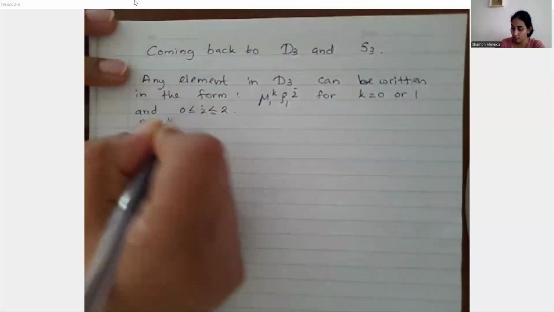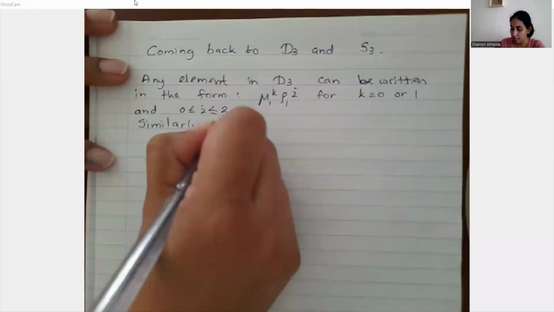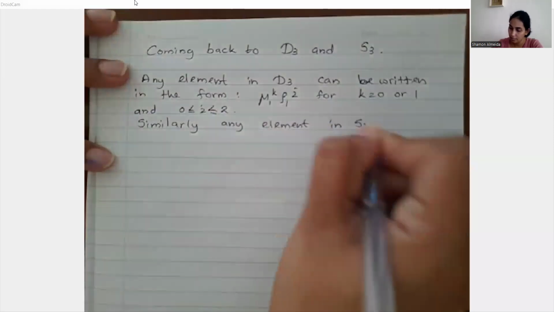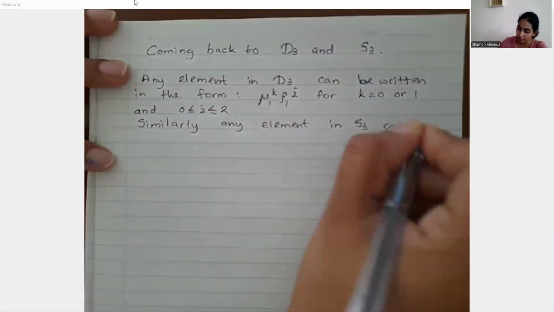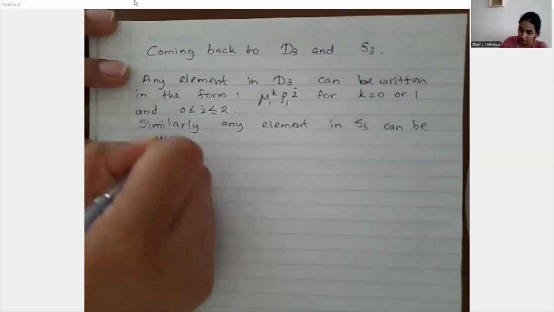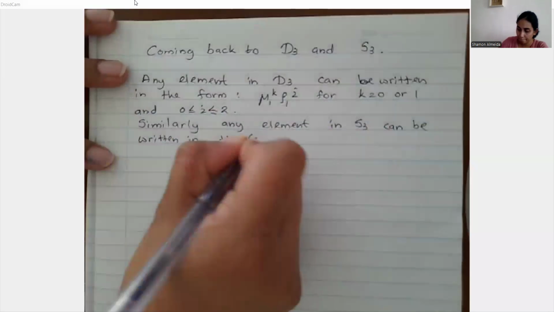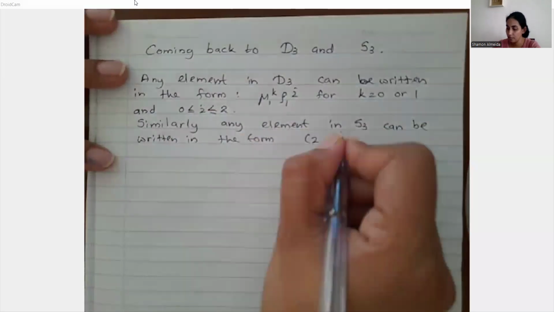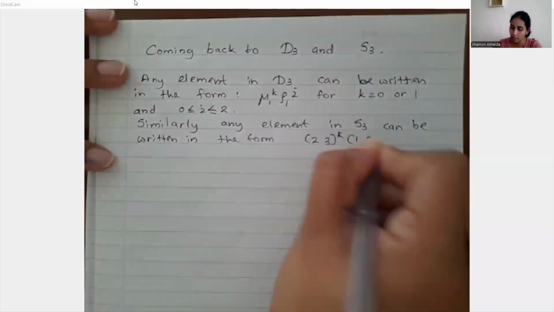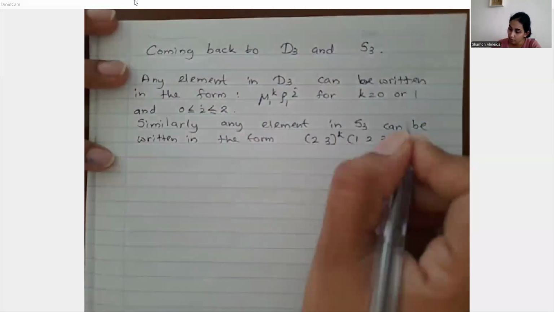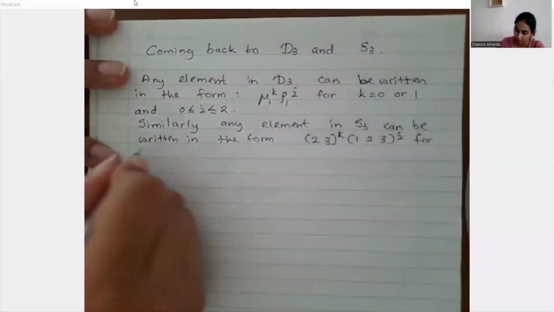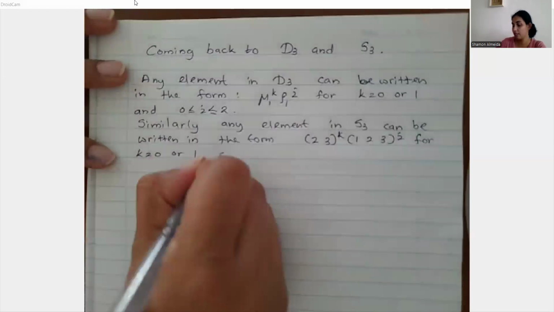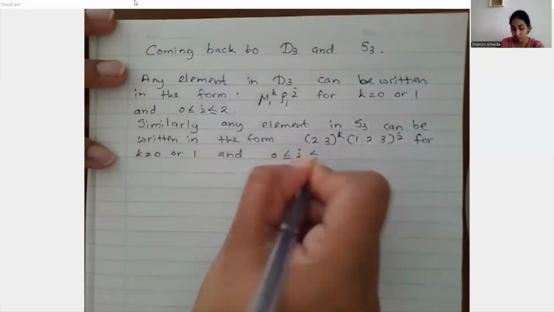Similarly, we actually saw this early on, any element in S3 can be written in the form (2 3) to the k, which corresponds to mu1 to the k, (1 2 3) to the i, which corresponds to rho 1 to the i, for k equals 0 or 1, and once again i between 0 and 2.